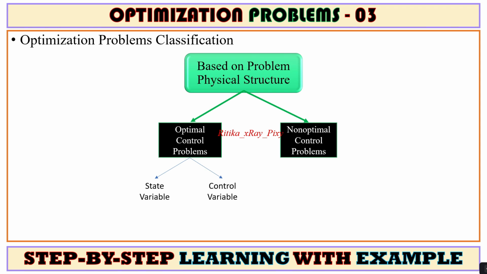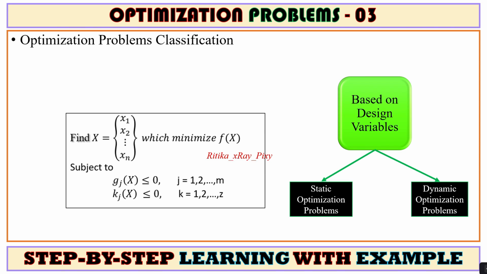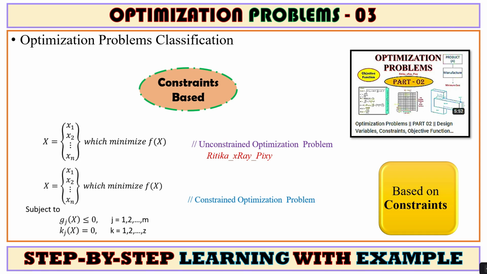Then based on the problem physical structure, whether it is an optimal control problem or non-optimal control problem. Based on design variables, whether it is a static optimization problem or dynamic optimization problem. And then we have based on constraint, whether the problem is constraint based or unconstraint based optimization problem.